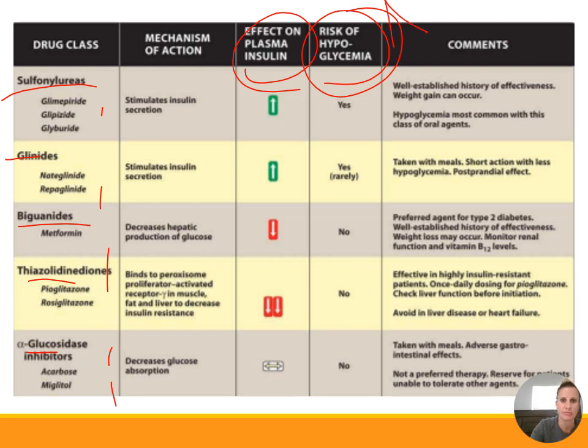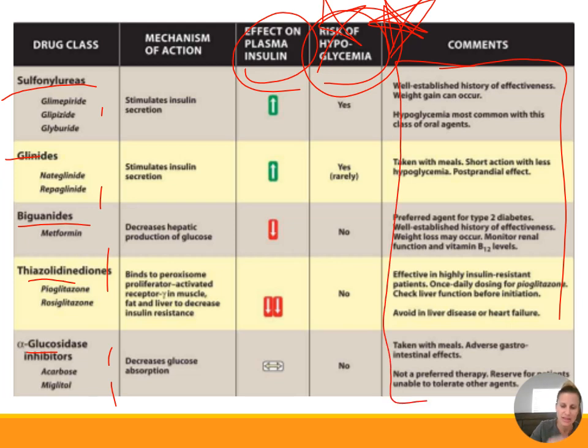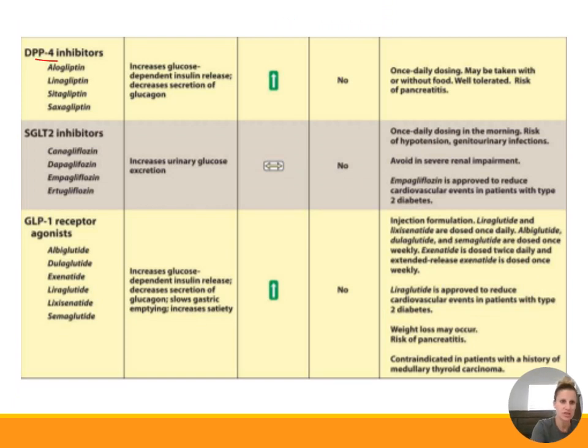And this part's really important. Really pay attention to this risk of hypoglycemia, because that's going to guide you a lot in your patients, specifically if you're looking at an elderly, frail patient. And then little comments here on the sides, kind of little pearls that you guys should make sure you're comfortable with. This is just a continuation with the last few kind of newer classes of drugs.